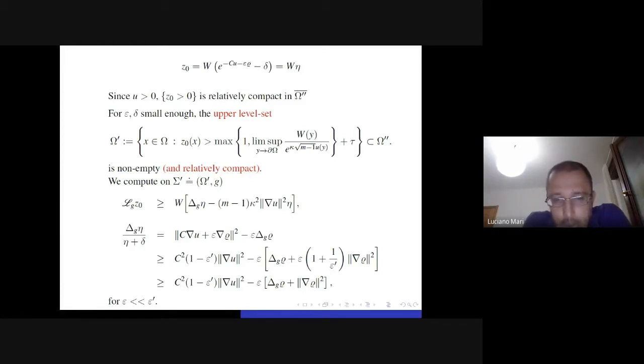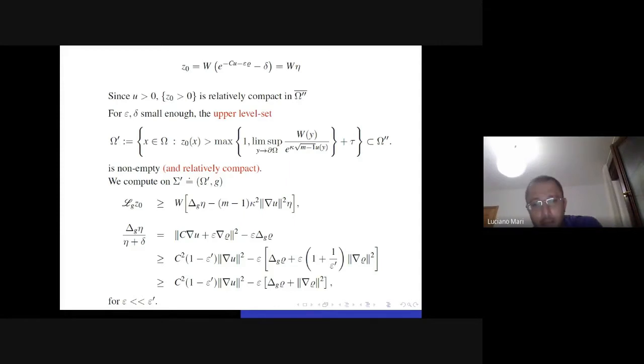Okay? Now we apply Young's inequality. Young's inequality gives you a grad U squared times C squared times a tiny constant, slightly smaller than 1, and you lose terms with grad rho times a constant which is 1 over epsilon prime.